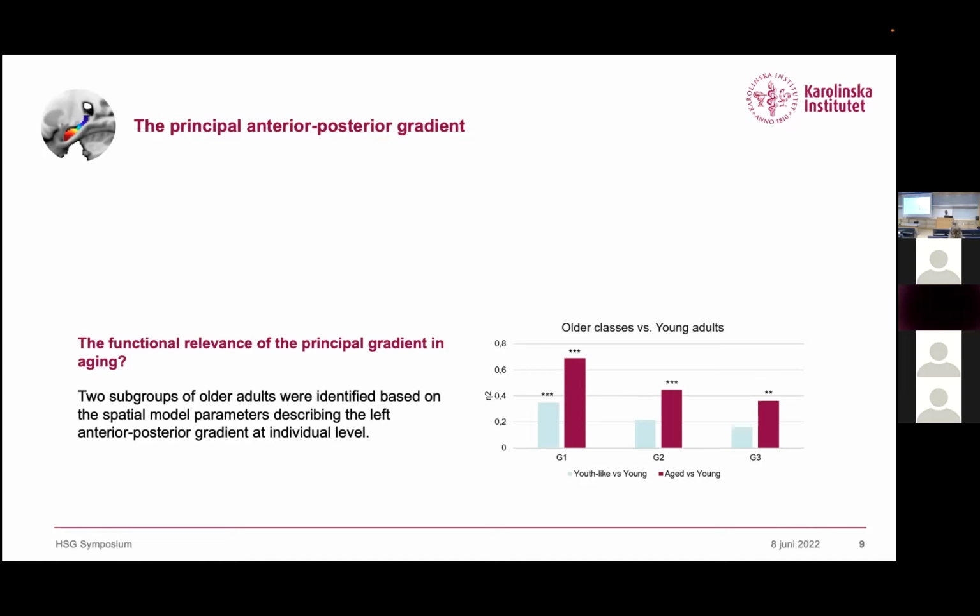Both of them differ from younger adults in terms of gradient 1, that is, the aged group to a greater degree than the youth-like group. And interestingly, even though no data from gradient 2 or gradient 3 went into identifying these groups, we see this difference in relation to the gradient in younger adults in this aged group, also for gradient 2 and 3.